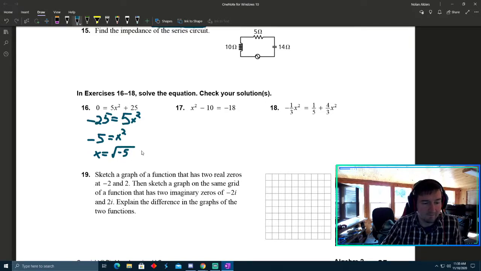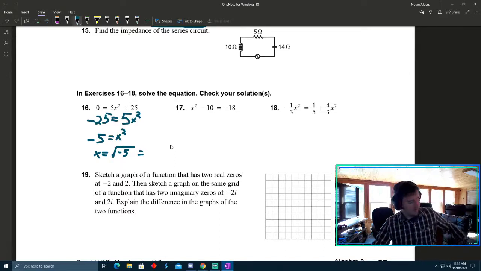Square root of 5 doesn't come out nicely, but I wonder if they meant to do that. Because square root of 25 would have been nice, but oh well. So square root of negative 5, we could write it as a decimal with an i.